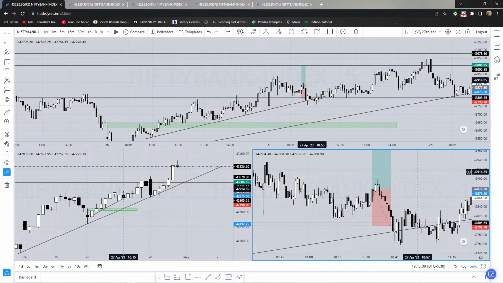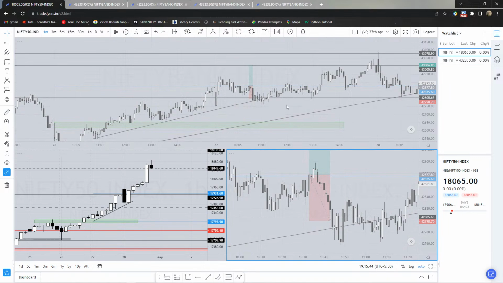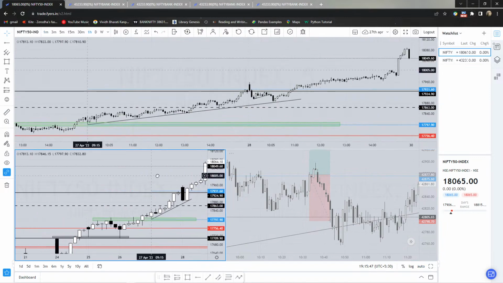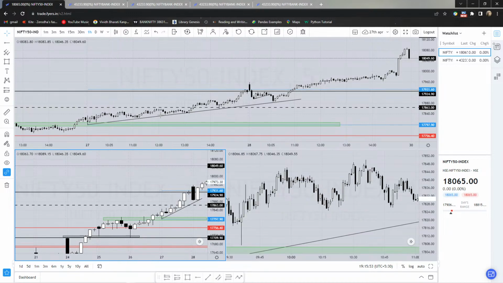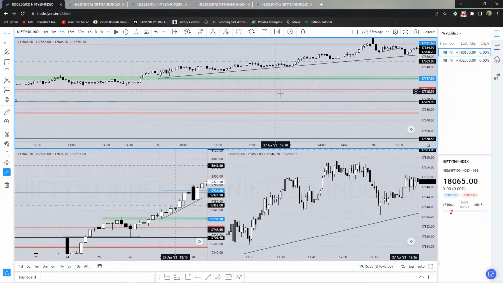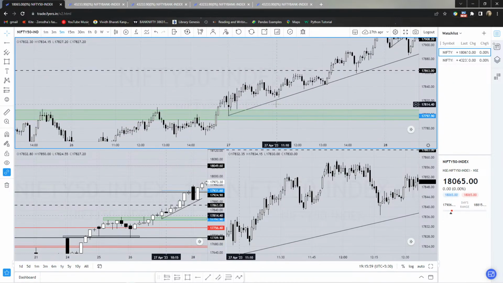Let's see what Nifty was doing at that point of time. 27th, 7th, around 10:30, Nifty came down from its high.